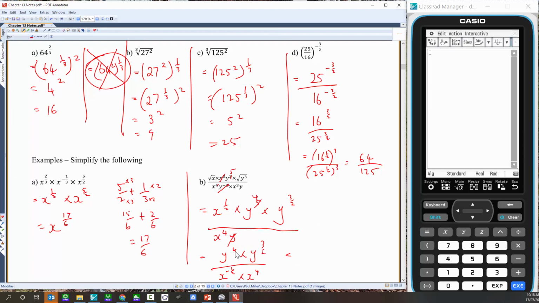All right, so we've got common bases. So what we need to do is add the powers. So 4 is 8 on 2 plus 3 on 2. That's y is 11 on 2. Over common bases, add the powers. That is going to be 8 on 2, x to the 7 on 2.